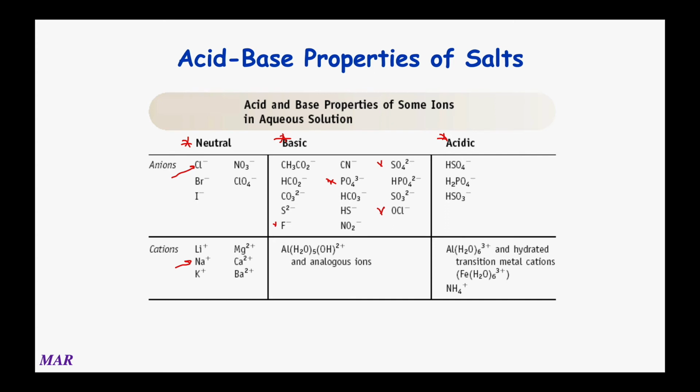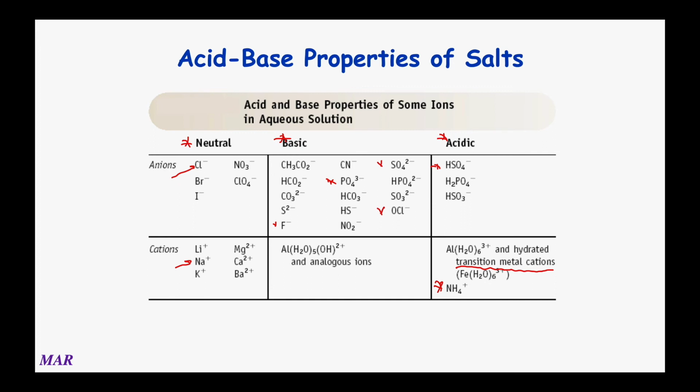Acidic solutions can happen too. Ammonium is a great example of that because it's a weak acid. You can also add a lot of these hydrogen salts, or hydrogen polyatomic ions, I guess I should say. So like hydrogen sulfate will create a slightly acidic solution. Dihydrogen phosphate, etc. Also notice down here, transition metal cations.